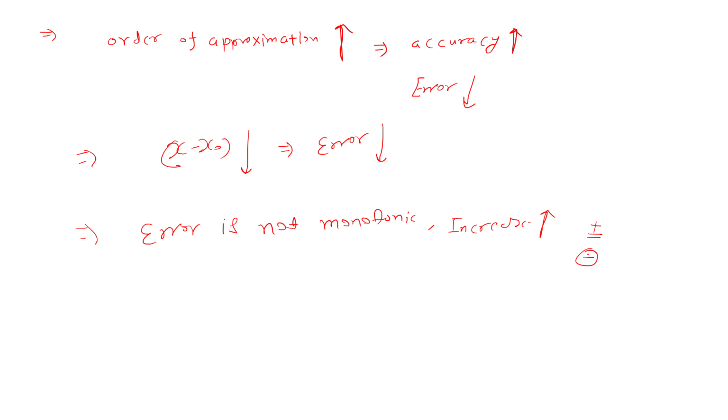So it's not true that always the error will be the same sign. If I take the second order approximation and the error is positive, then it is not necessary that if I take the third order approximation, the error will be of positive nature. It can be positive or negative. So this is what I mean.